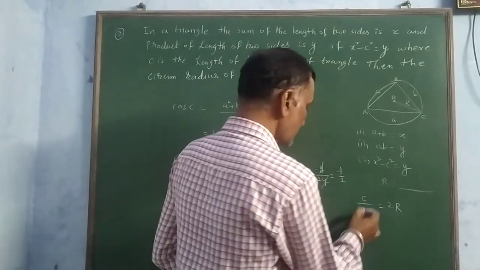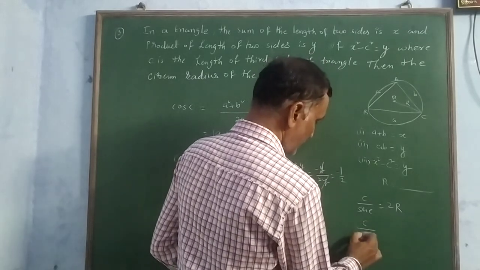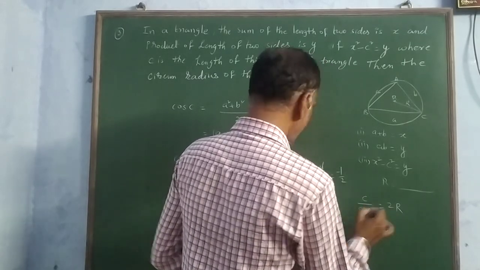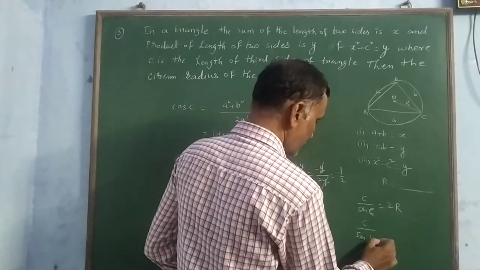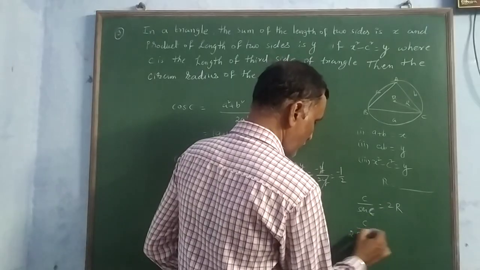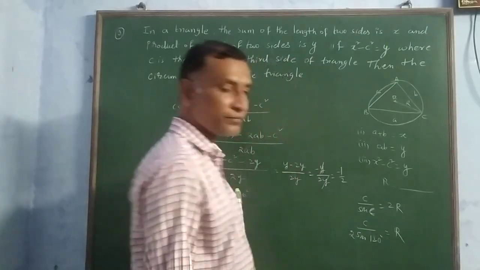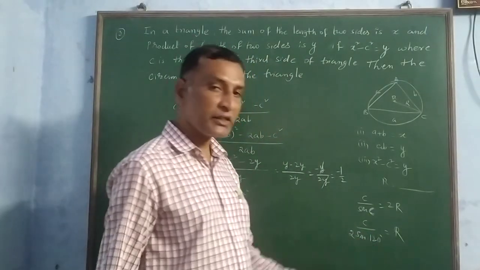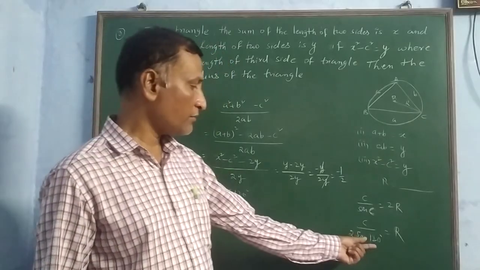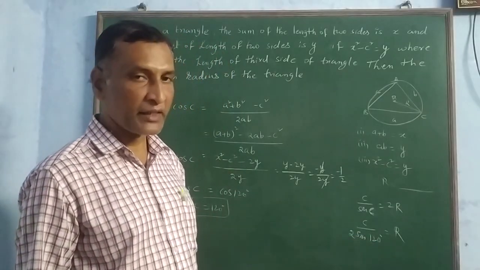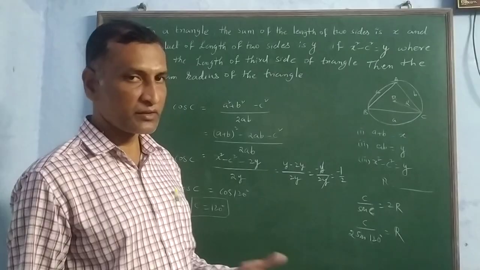So here c is the side and capital C is the angle. Capital C equals how many degrees? 120 degrees. Now shift the 2 over, so R equals c by 2 sine 120 degrees. What is the sine 120 degrees value? Sine 120 means 90 plus 30. Which quadrant? Second quadrant, where sine is positive.